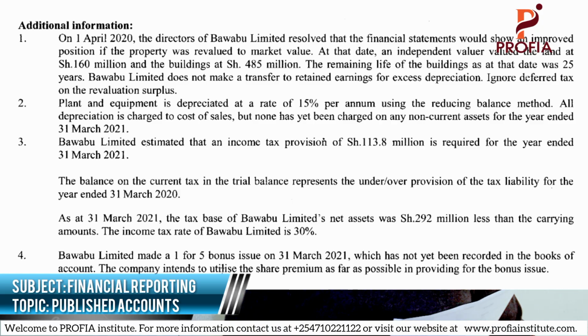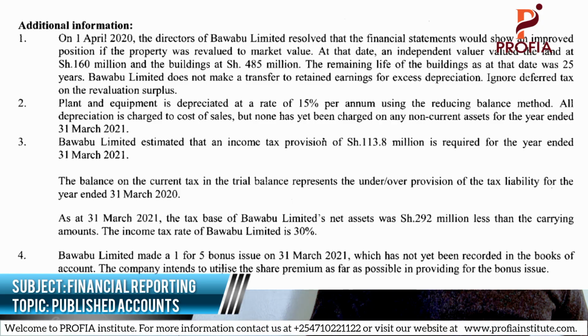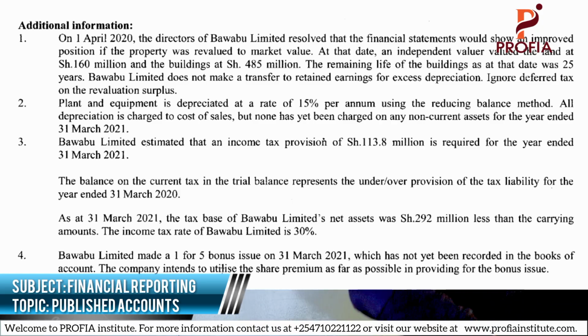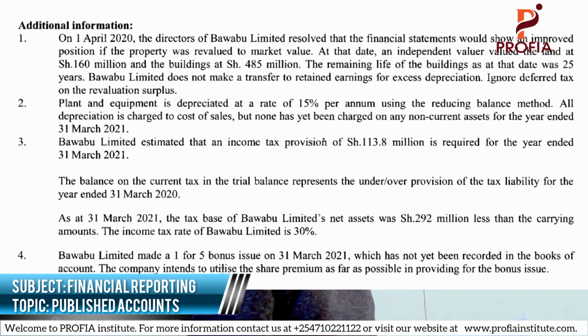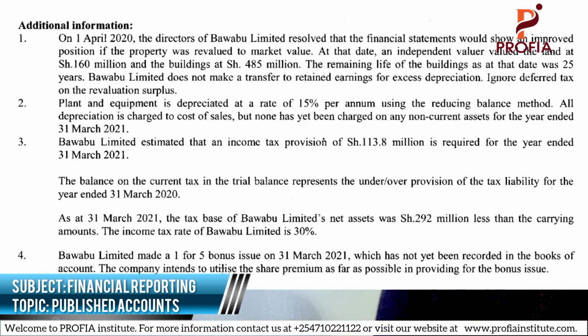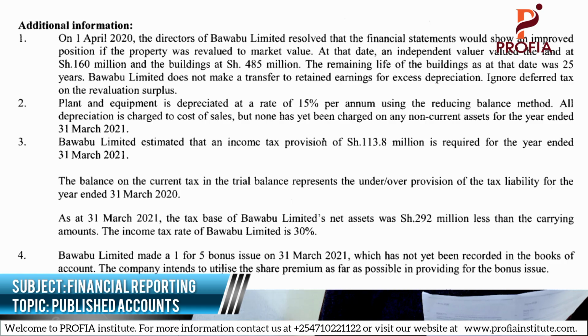We wrote some notes on over and under provision, but because I know you can remember very well, I'll simply remind you kidogo tu, unajua hata nyinyi pia mnakumbuka ama namna gani? Yes. Then the tax base of Bawabu Limited net asset is 292 million less the carrying amount. The income tax rate for Bawabu is 30%.